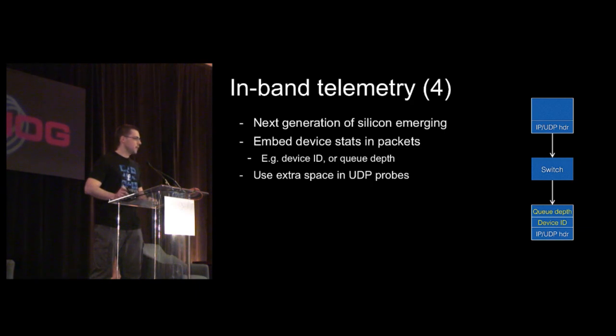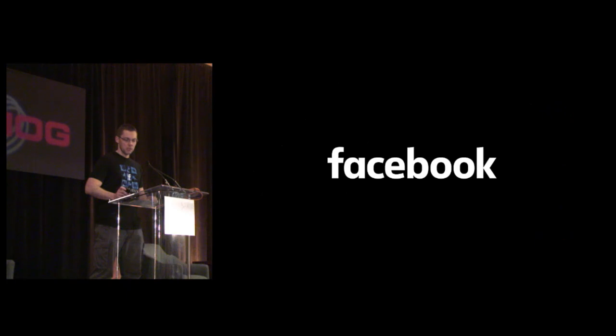And this is where the UDP probe we use comes in really handy. It allows us to capture this data directly in the payload and let all devices in the path which support this functionality report their stats in real time. Our ultimate goal is being able to detect faults in real time.